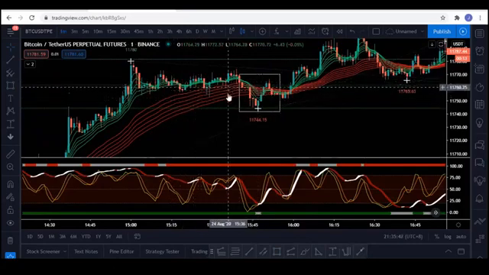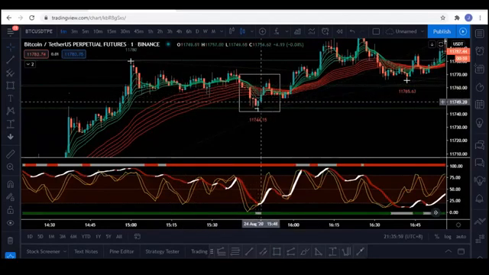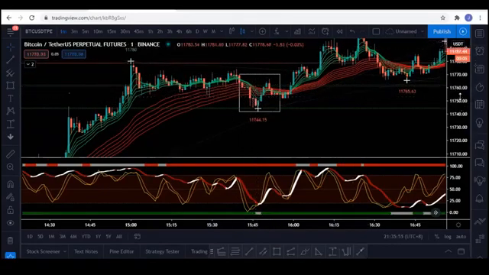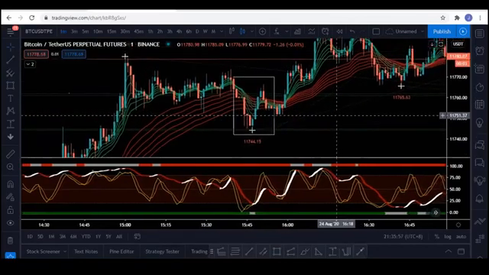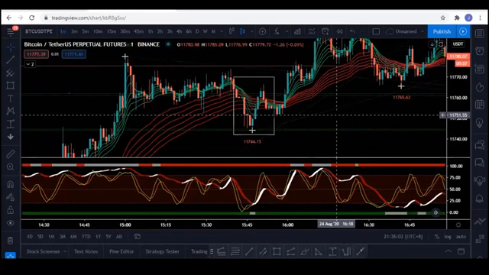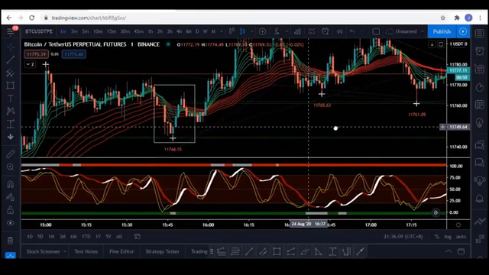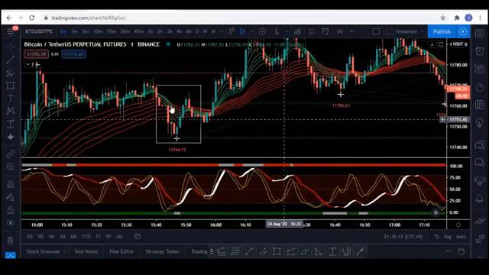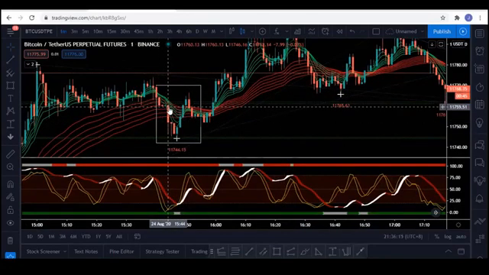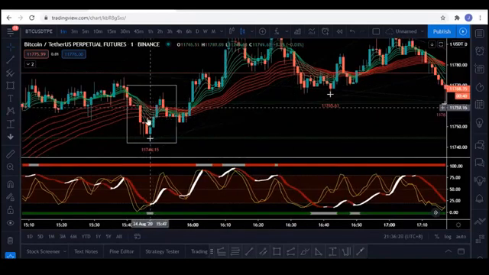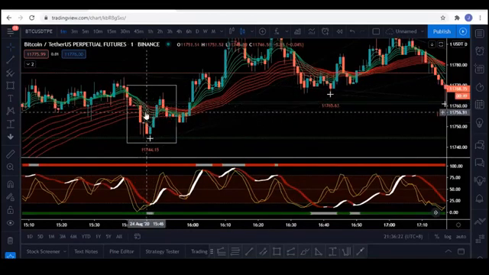This is a wide ribbon, meaning this is a weak trend. There is no fake in our ribbon. While I was backtesting it, I didn't see a fake pump or fake crossover. This is just what we call a weak trend. A weak crossover is when both ribbons are wide, not narrow.